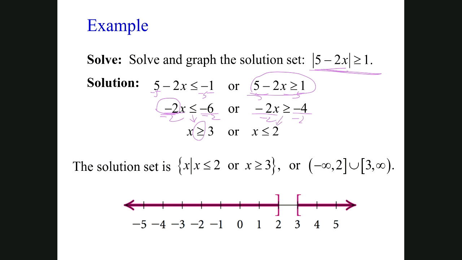So x is less than or equal to 2, and then you write down the interval. You're going to have two intervals in here. Less than or equal to 2 goes all the way to the left, so you have -infinity to 2, and in this one 3 to infinity, because I have an equal sign here, so using the brackets in here.